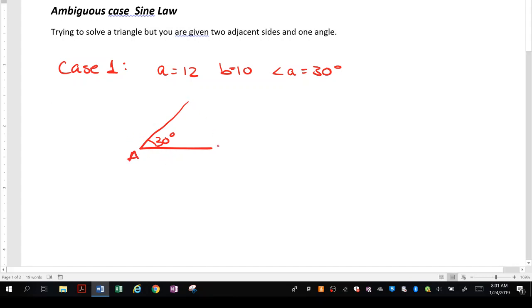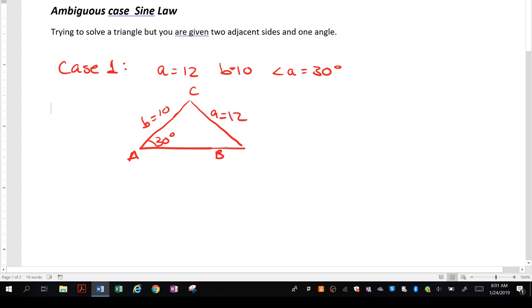This is side A over here, and we'll call this B, C. So here B is equal to 10. Now here A, we have different possibilities to draw it. You'll notice that A is greater than B. So this length here is greater than that length there. So this is A equal to 12.